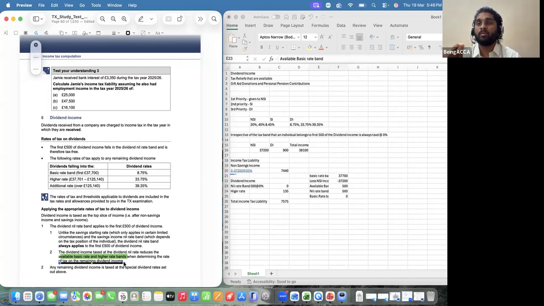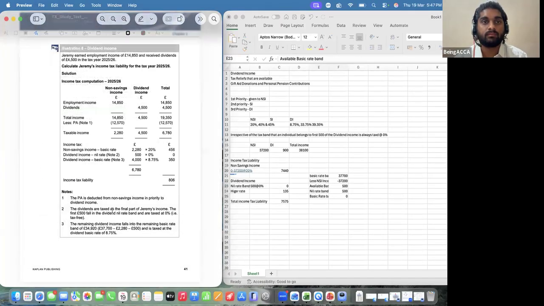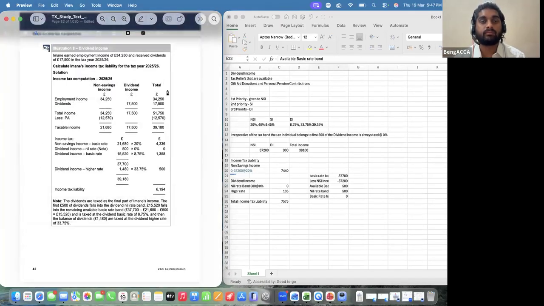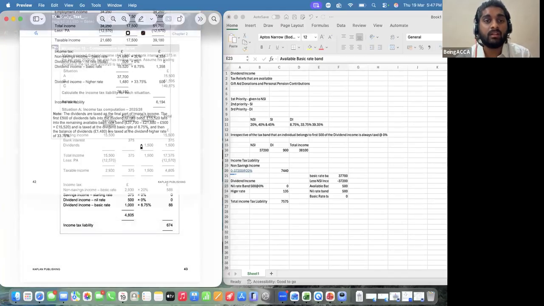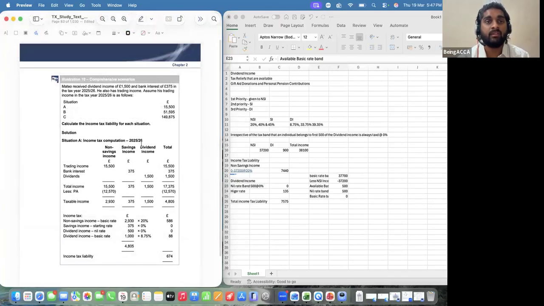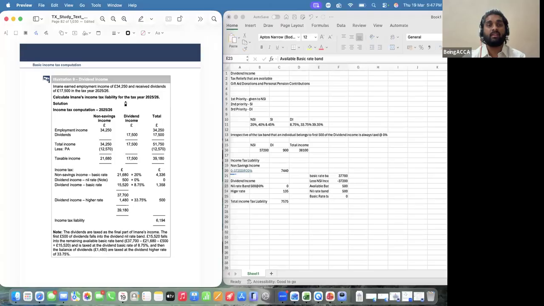If you remember these two points, you will be at a very good spot with dividend income. Now let's try to solve some questions relating to dividend income and questions that involve all three types of income for better understanding. Let's take up this question first, the previous question, and then move to a comprehensive question.